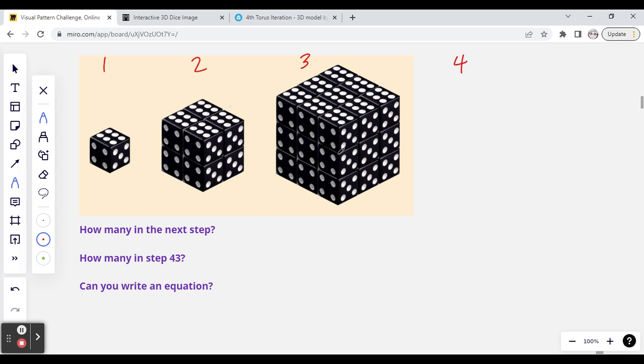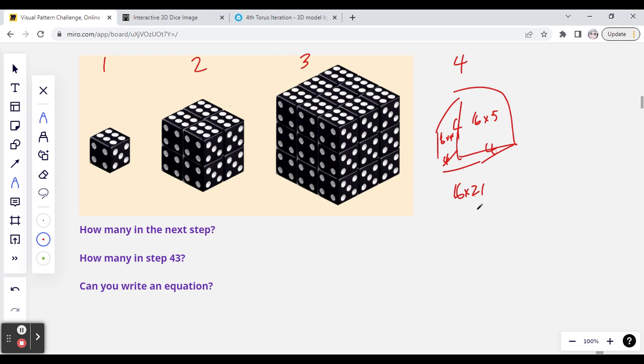I don't know if that made sense, but let me show you what I think step 4 would look like. We would have 16. So this cube now would be 4 by 4 by 4. So we would have sixteen 5s, and we would have sixteen 4s. So in fact, we know that this is a sum of 21. If we add all these up, it would be 16 times 21.